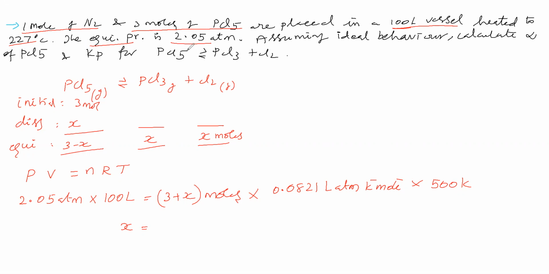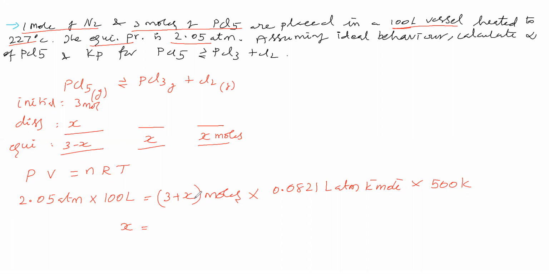Therefore, this 2.05 pressure is exerted partly by Cl2, partly by PCl3, partly by PCl5 and partly by N2. So in substituting 2.05 atmosphere, we have included the N2 pressure also.